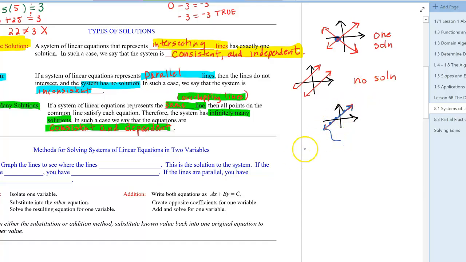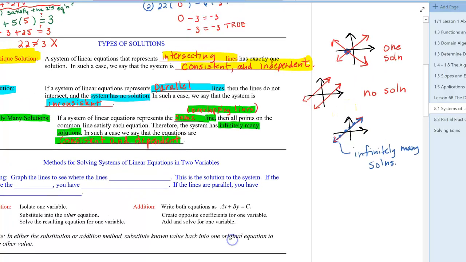And because this line goes on forever in both directions, we have infinitely many solutions. However, it doesn't mean that every ordered pair on the coordinate plane is a solution. It's just those points that lie on that line.